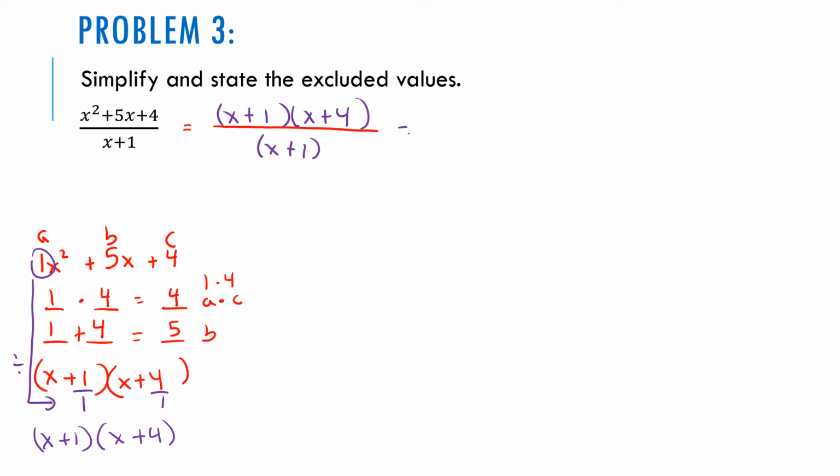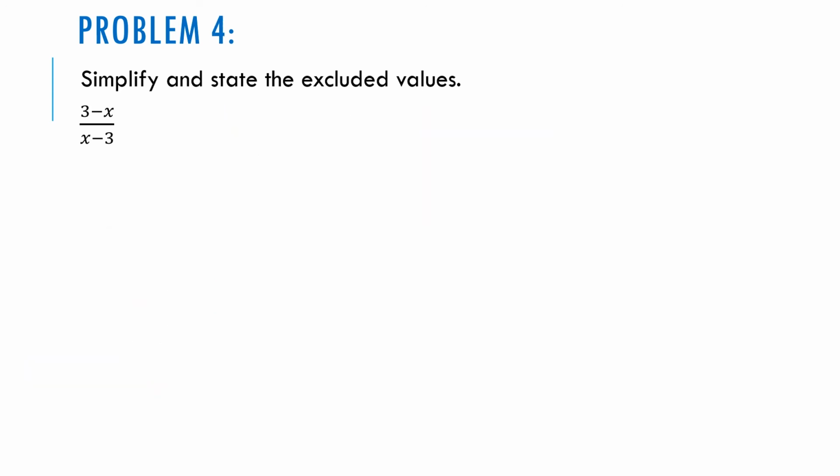Before I start doing any simplifying, I'm going to go ahead and state my excluded value. x cannot equal negative 1, because that's the opposite of positive 1. And now I can go ahead and do my canceling. So x plus 1 will cancel the x plus 1, leaving just an x plus 4 in the numerator. So I really don't need that fraction bar anymore. So x plus 4, and x cannot equal negative 1.